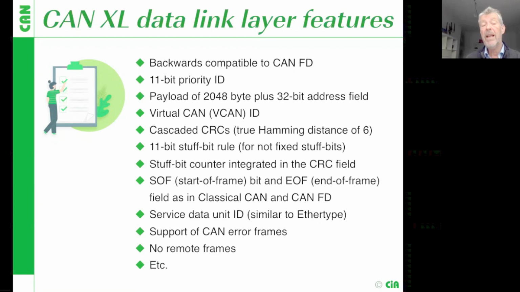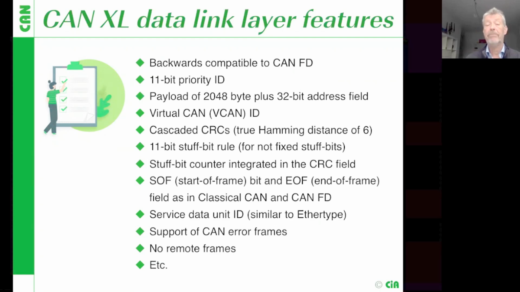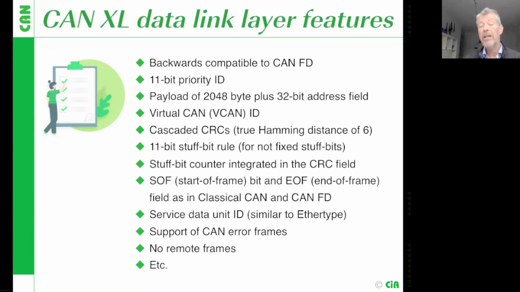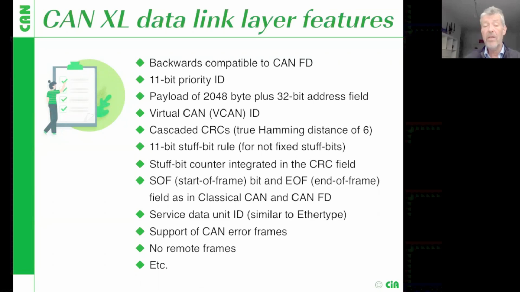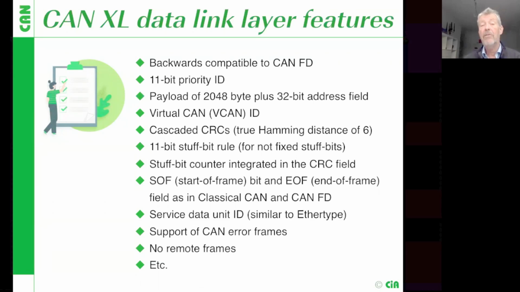And we think that an 11-bit stuff rule is something we can achieve running at, for example, higher bit rates. The stuff bit counter is integrated in the CRC field. Also, this is remaining from the CAN FD protocol.